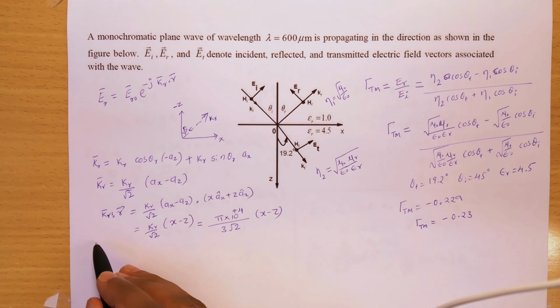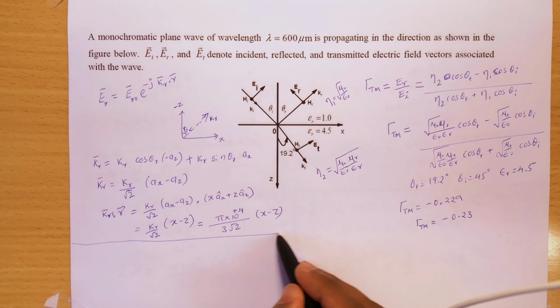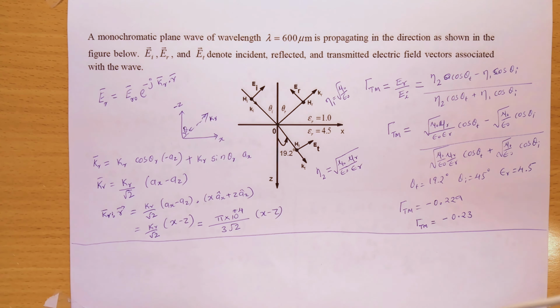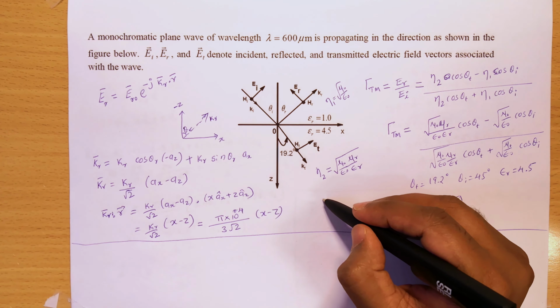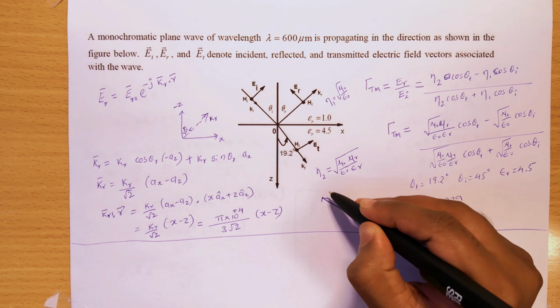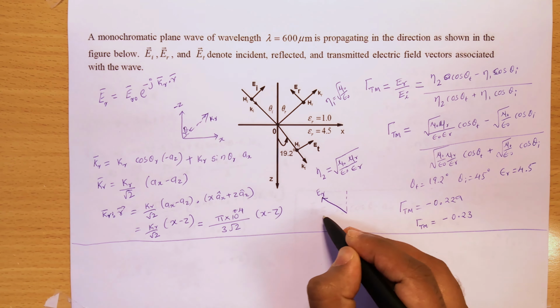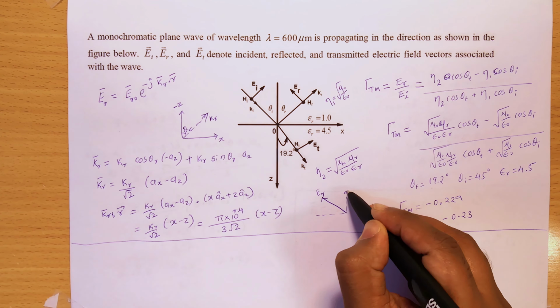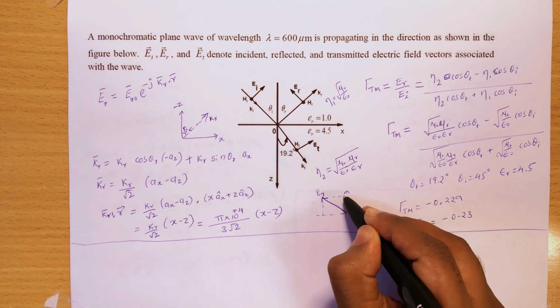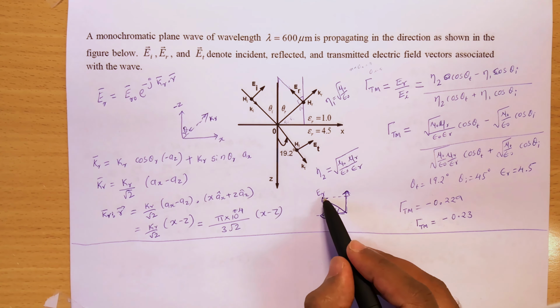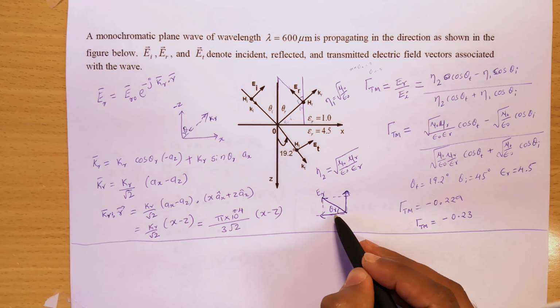So I will once again write down the r vector, this is er, and we will resolve it along its components again. When we draw the er in terms of its components, this angle is theta r here.